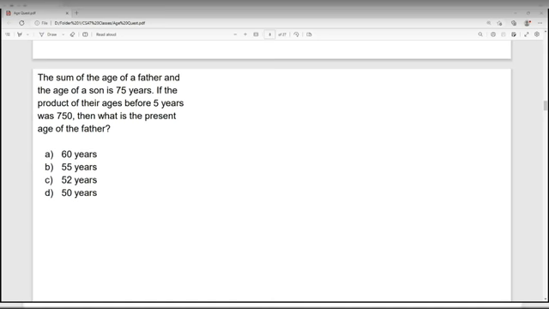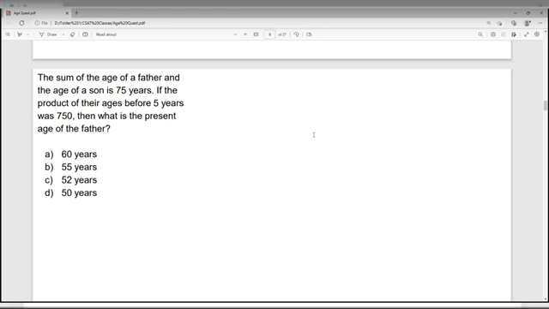Okay, I'll solve this problem. So, like yesterday, like I've said, read the question twice and then mark the variables that you need to find. For example, in this question, it states that the sum of the age of a father and the age of a son is 75.